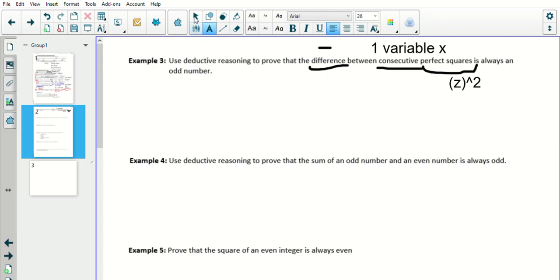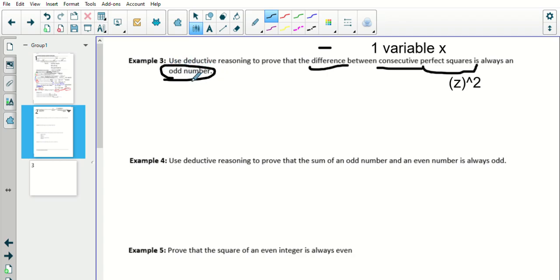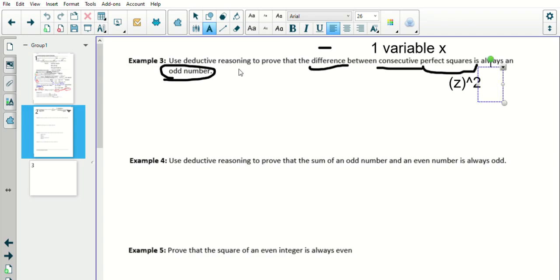All right, and the last thing that's in this question is an odd number, which means what? Well, that means that my answer should probably look like 2 times some value plus 1. So that's what our goal is right there.